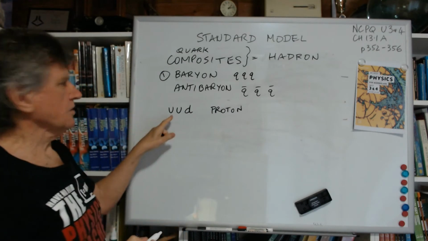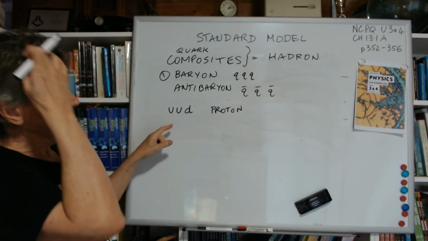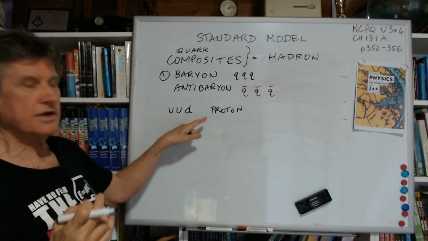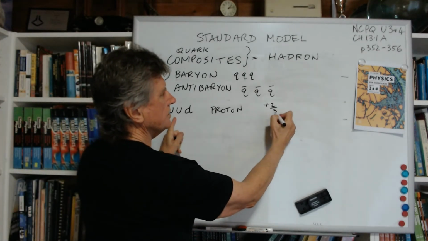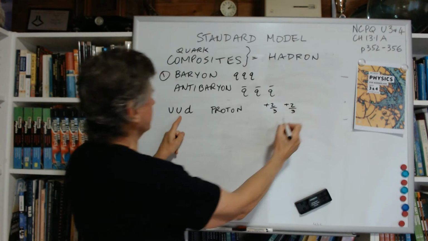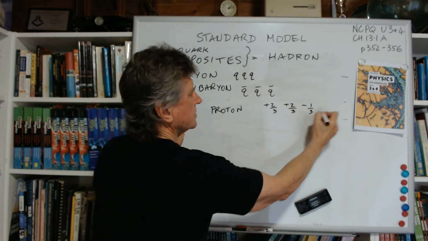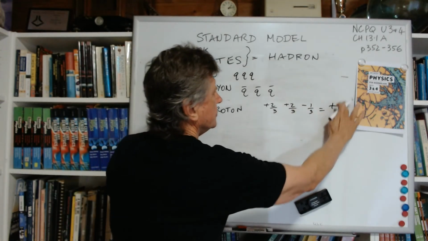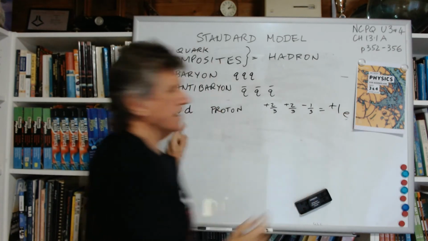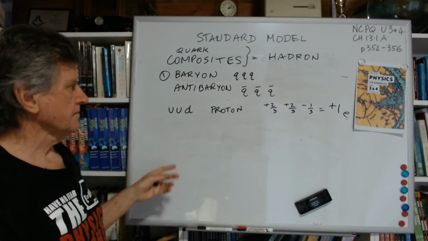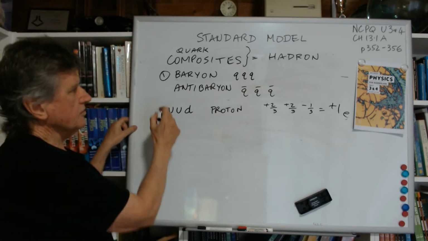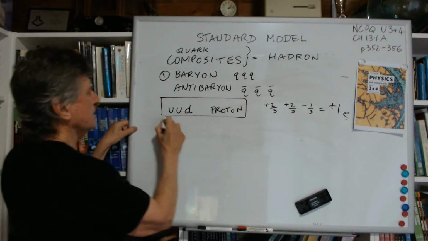If you wanted to check that, you'd look at the charges on the 3 quarks and see what it adds up to. An up is 2/3, another up is 2/3, and the down is -1/3, and that gives you +1 elementary charge, which is what you would normally know as a proton. If I were you, I'd learn that.